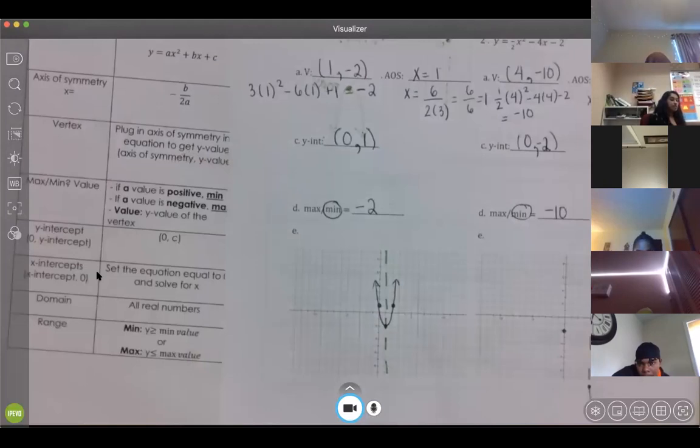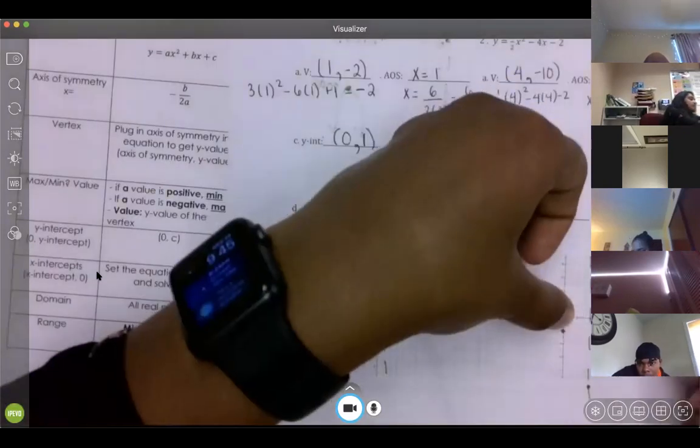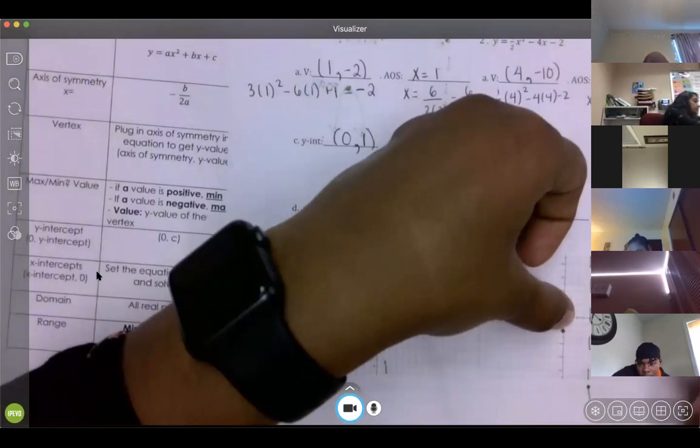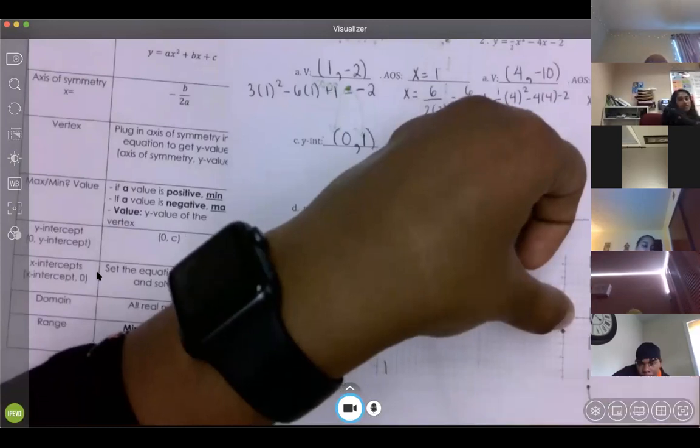So you have 2 points. You need at least 3 points to graph. So you're going to take this y-intercept and reflect it over the axis of symmetry. So this is 4 units to the left. So I'm going to take that and go 4 units to the right. And there we go.